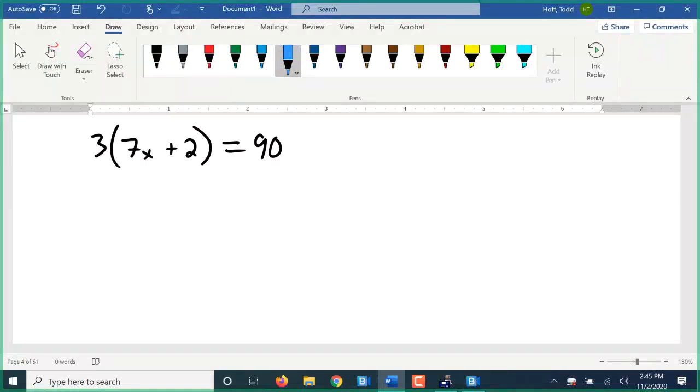So again, we see those parentheses. There's nothing to do inside of them. We're going to multiply by the 3. 3 times 7x is 21x. 3 times 2 is a positive 6.